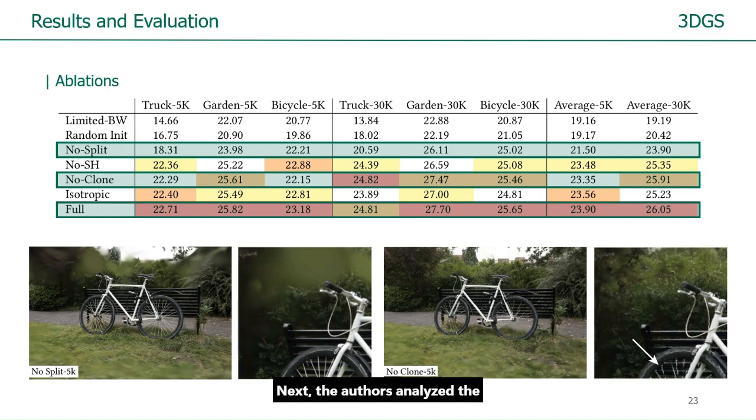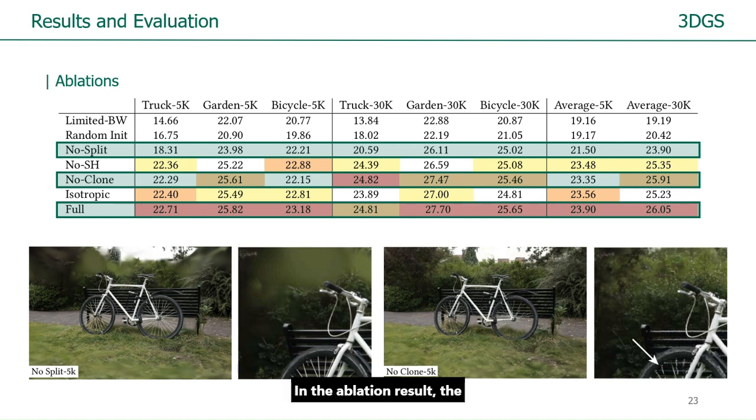Next, the authors analyzed the effect of the density control strategy by presenting results without the split operation and without the clone operation. The split operation was designed to handle cases where excessively large Gaussians occupy broad regions.